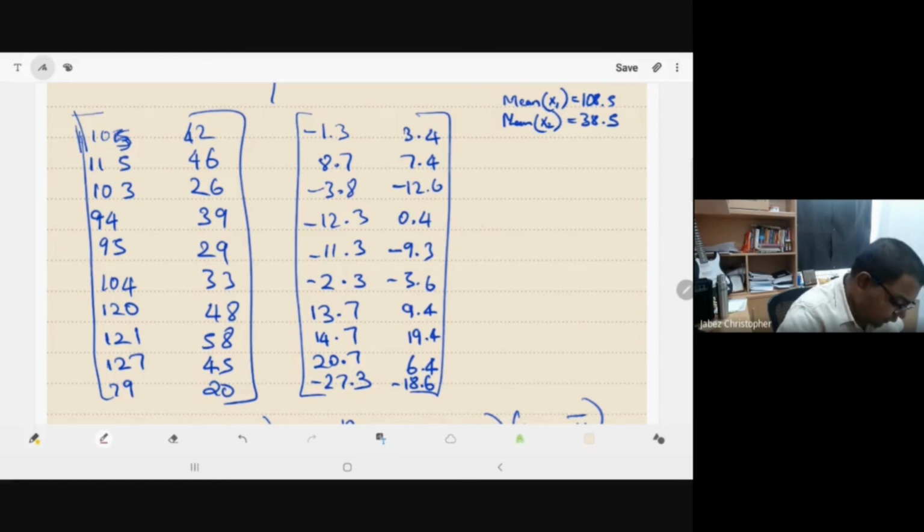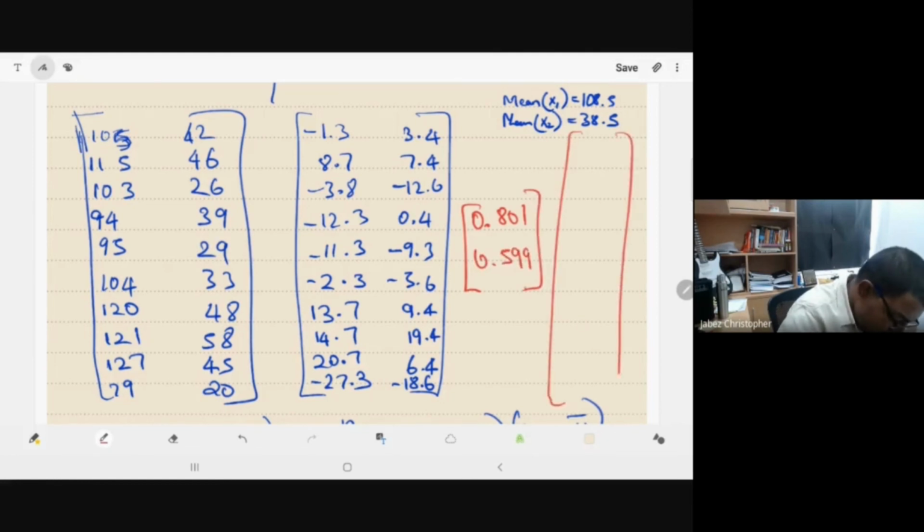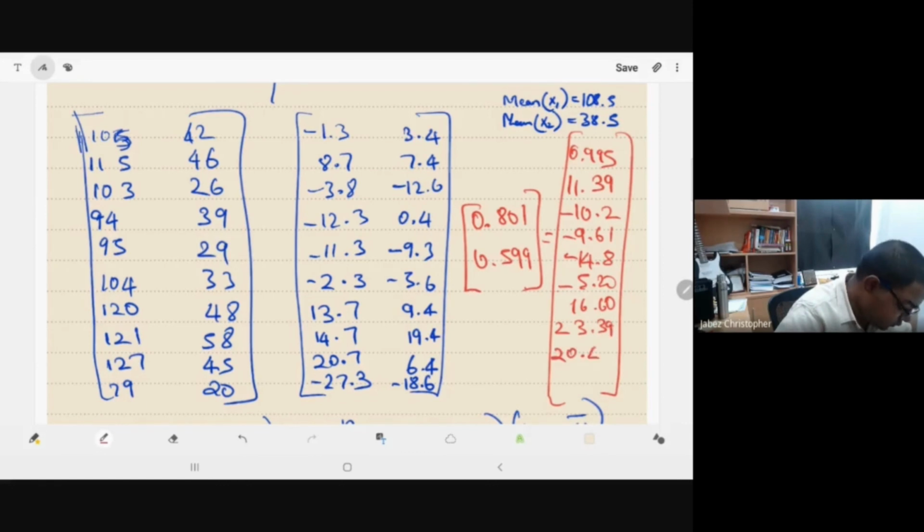From the mean deviation, I'm transforming this using the vector direction. Okay.